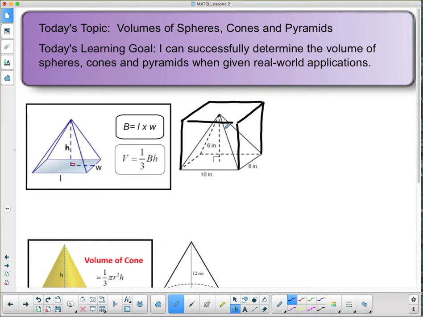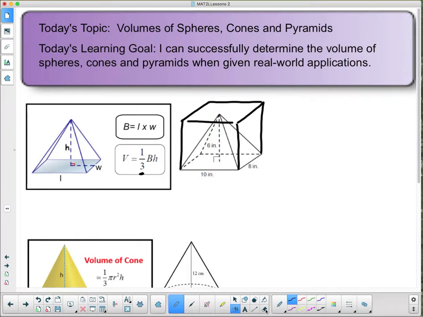Now we're going to see that the volume of a pyramid can be found if we just find the volume of the prism that it would fit inside, and then we divide it by 3. That's what this 1/3 here is. That means that 3 of these pyramids could fit inside the box that is a prism. So that's the way we're actually going to find this.